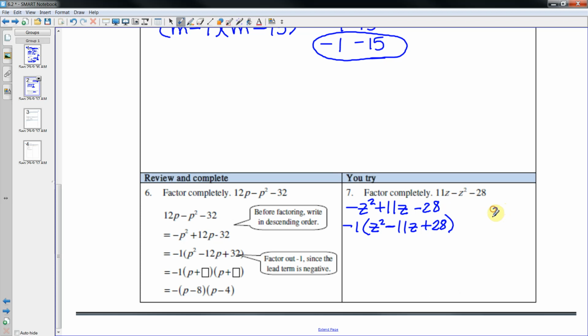Now I'm looking at factors of 28. 1 and 28 don't work. I know 7 times 4 is 28. That gets me positive 11. I need a negative 11 though. Negative 7 times negative 4 multiplies to get me a positive 28, adds to get me negative 11. So I'm going to have z minus 7, z minus 4 with a negative in front because I took that out in the beginning.